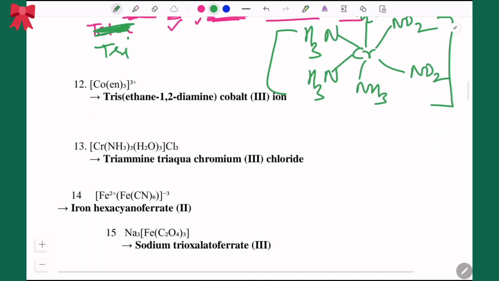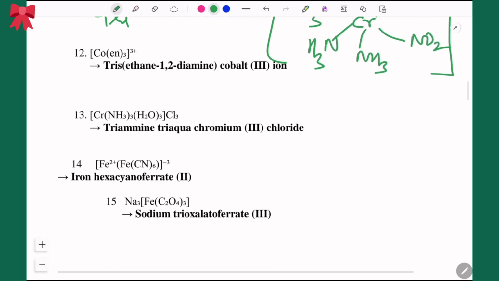Okay, next one, this is an interesting one. Again, ethane 1,2-diamine is neutral, and there's an overall charge of +3, so cobalt also has to be +3. We're writing tris because en is a ligand in which already the di prefix is used. So to indicate the number of such a complex ligand, we have to use a Greek prefix.